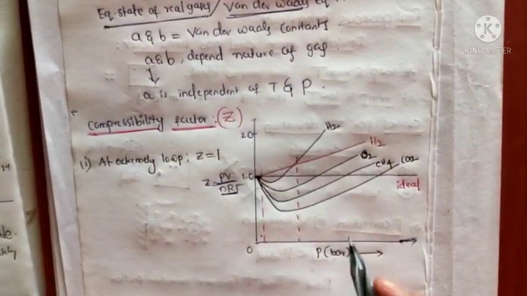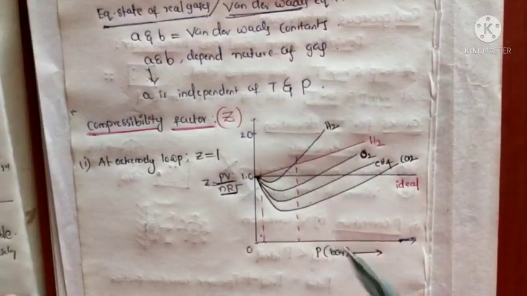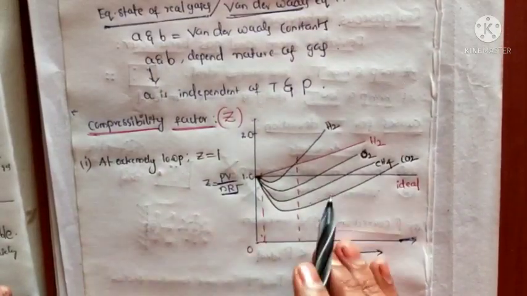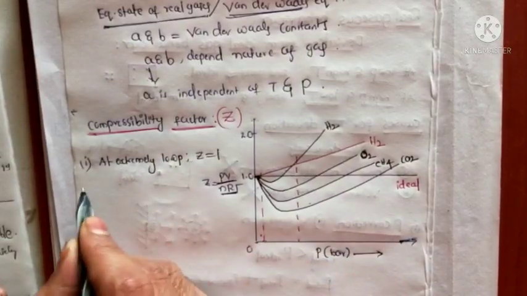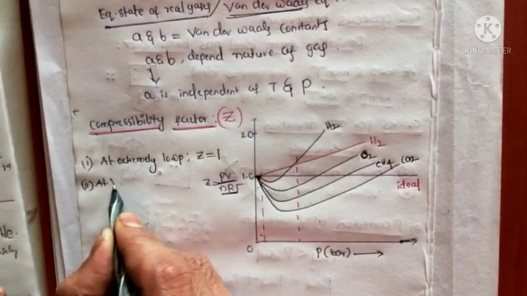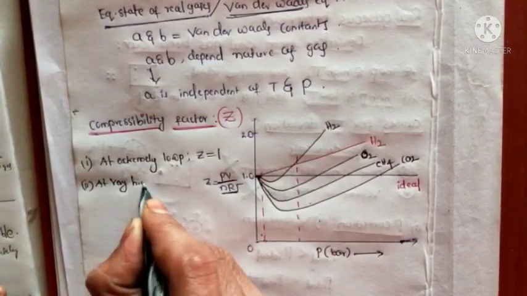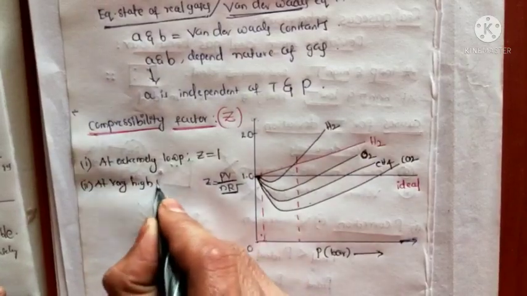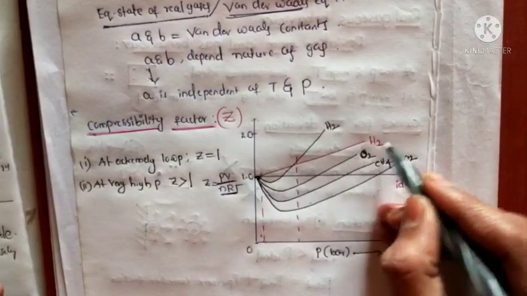At very high pressure, Z is greater than 1. Second one is, at very high pressure, Z is greater than 1, like hydrogen and helium.